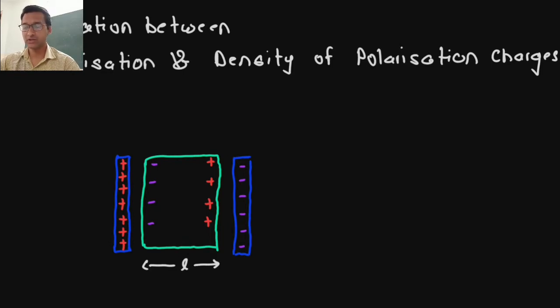In the last class, we also learned about what polarization is. We saw that when we put a dielectric between two parallel plate capacitors, or between two metallic plates, the dielectric will get polarized. The positive and negative charges, whether they were present initially or not, will now get separated.